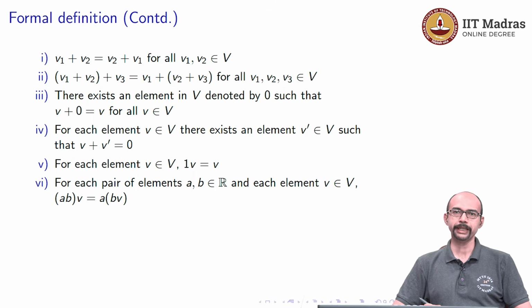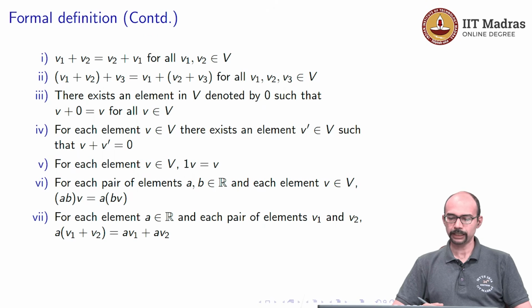Or we could do B times V, which is scalar multiplication of B and V, and that is again a vector. Then we take A and scalar multiply it with that new vector B times V, and we get A times BV. Both ways of doing this yield the same result, that is what this is saying.